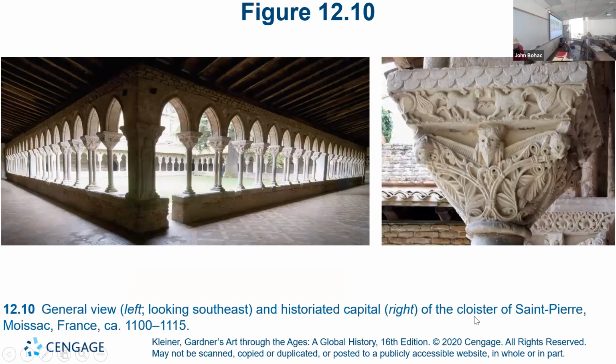And here is a historiated capital, the cloister of St. Pierre. This is in the monastery. And what they mean by historiated capital is that they're not using those ancient Greek, Roman orders of capitals, which would be Doric, Ionic, Corinthian.